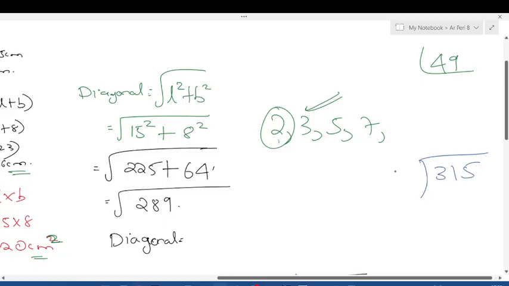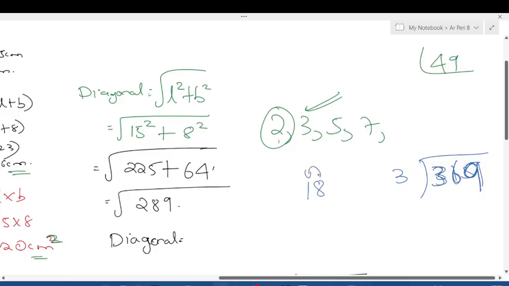Or I'll take 369. We have to check whether it is divisible or not. If you add 369, what do you get, students? Add 3 plus 6 plus 9. How much is 3 plus 6? 9 plus 9 is 18.